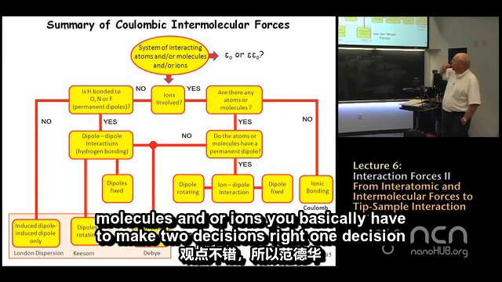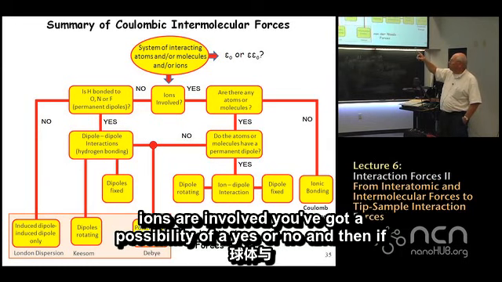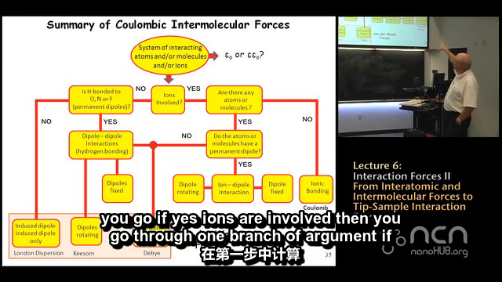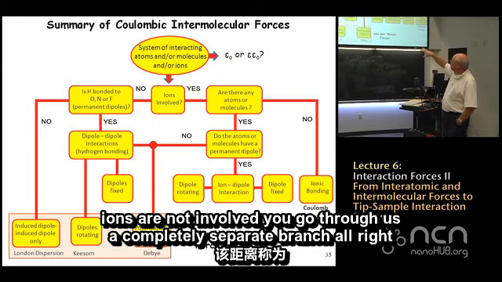One decision is whether or not ions are involved. If ions are involved, you've got a possibility of a yes or a no. And then if yes, ions are involved, then you go through one branch of argument. If ions are not involved, you go through a completely separate branch.